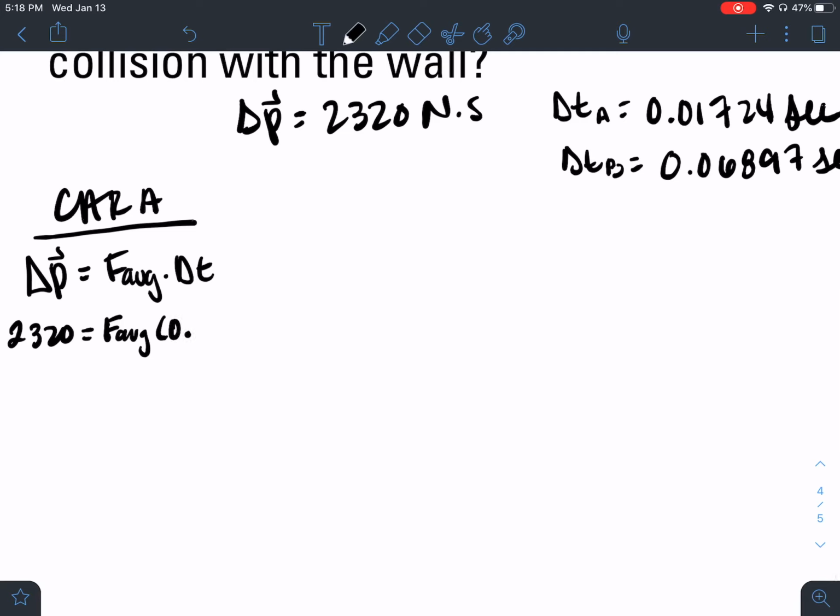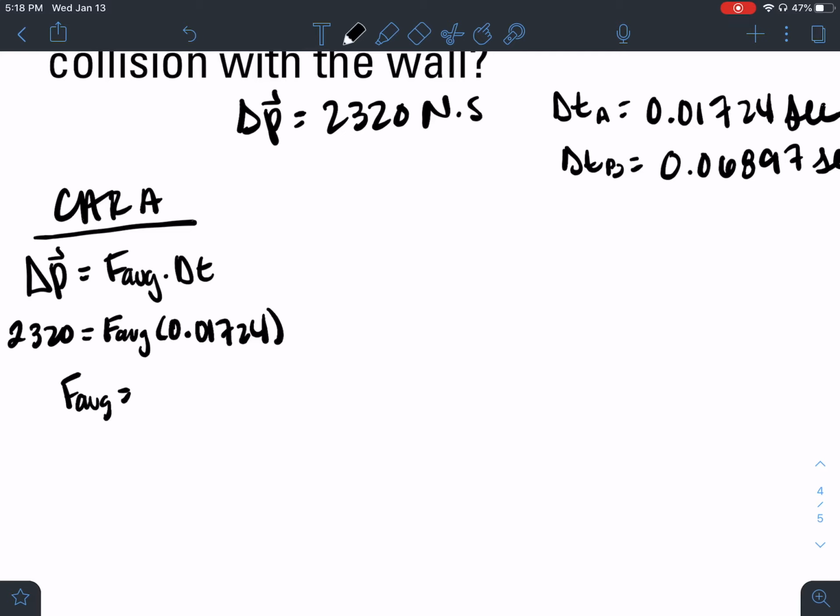0.01724. We go ahead and do our division here, and we're going to get a really large number. Make sure you get those numbers right. And if you're being really precise, you could actually just carry that from your calculator. So that's what I'm going to do here, just carry this number inside of my calculator.